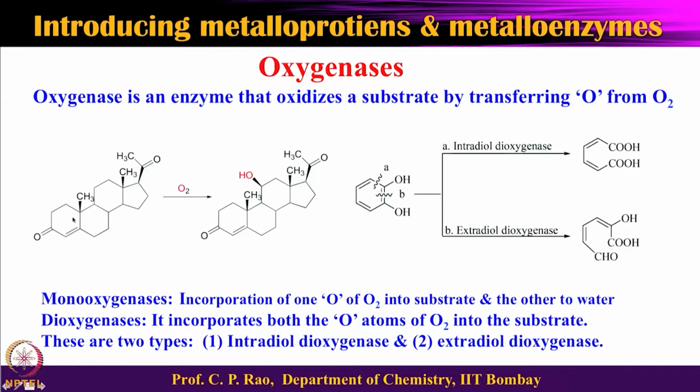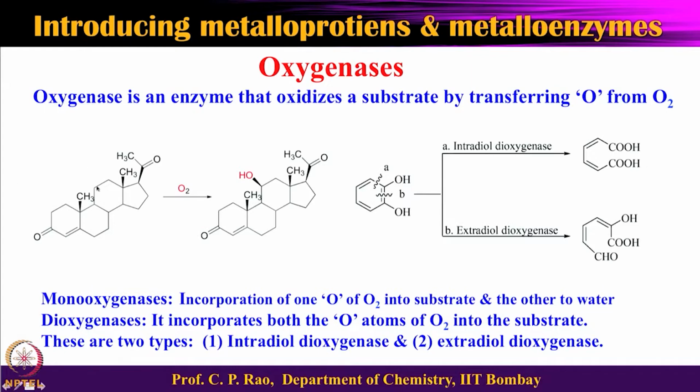So, when it has the monooxygenase property, that means only one oxygen from the O2 is used for substrate oxidation, the second O will go as water. In case of dioxygenase, both the O's of the O2 are utilized for the substrate oxidation.